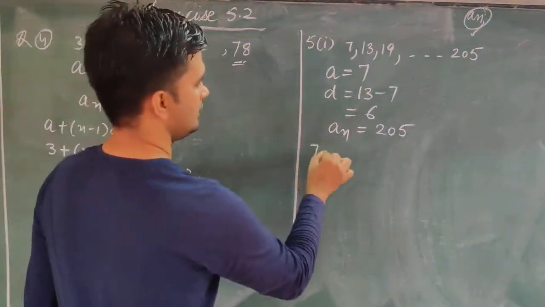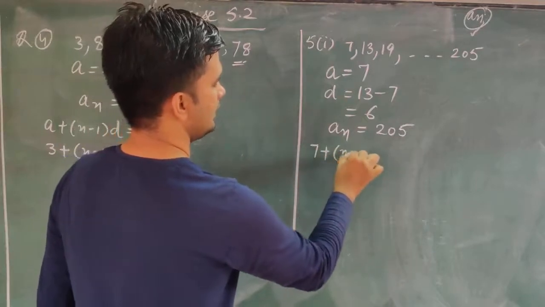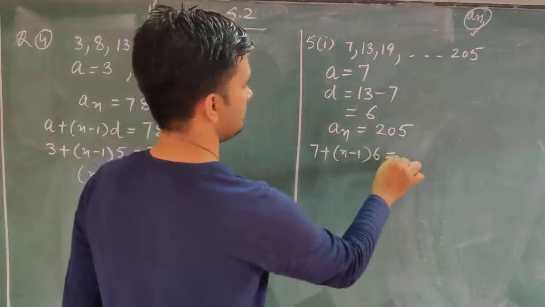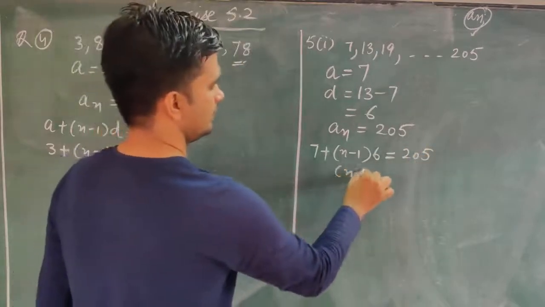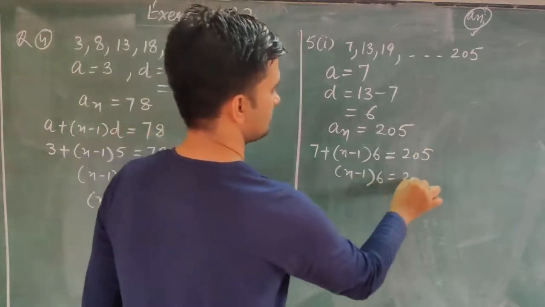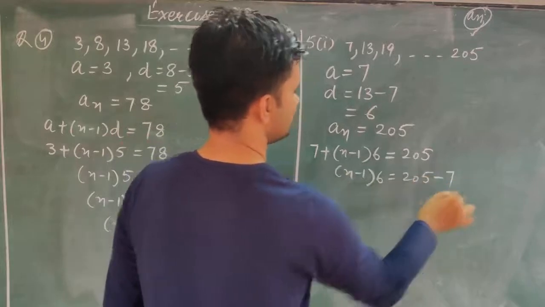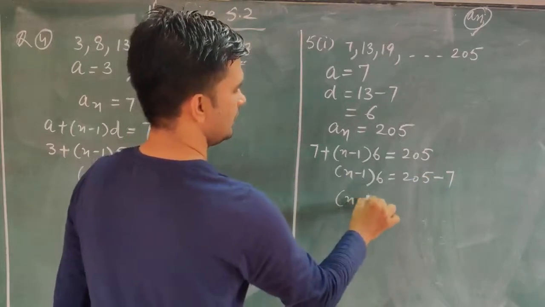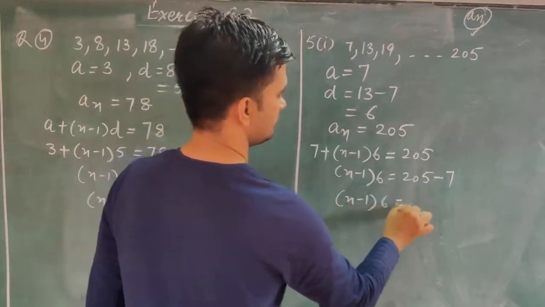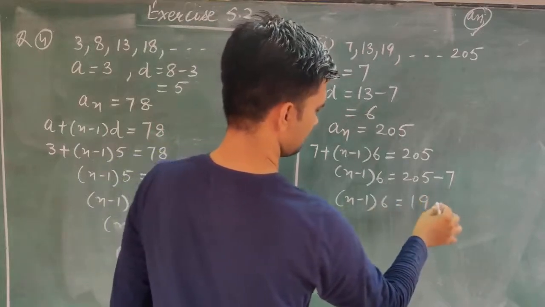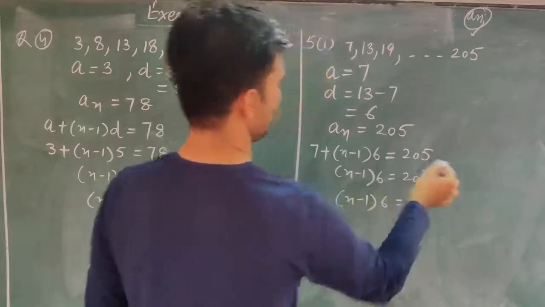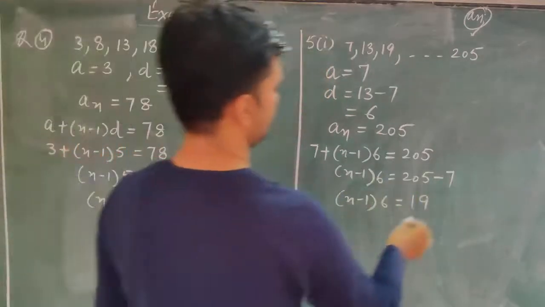It is a plus n minus 1 into d is equal to 205. N minus 1 into 6 is equal to 205 minus 7. N minus 1 into 6 is equal to 205 minus 7, it is 198.